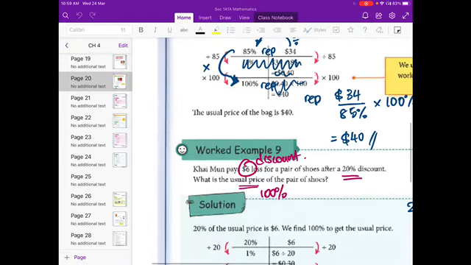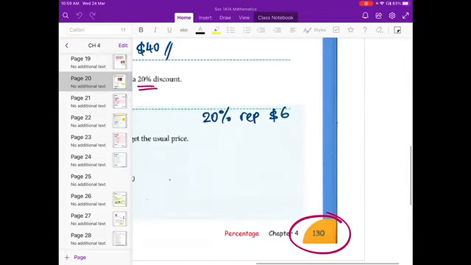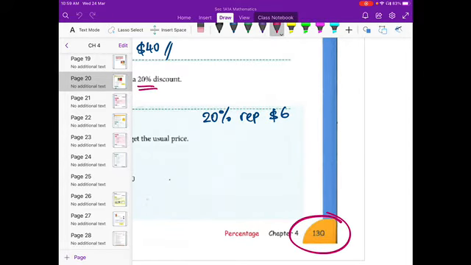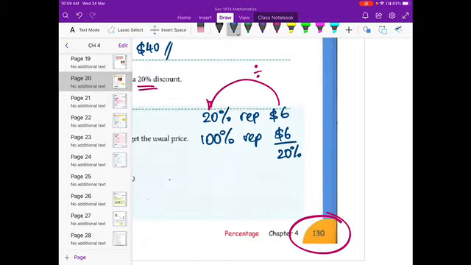Okay, give me a while. Okay, 100%, that's what we want. Represents. So draw the arrow. That's a division. So what is the division? 6 over 20%. Next, times 100%. So over here, times 100%.